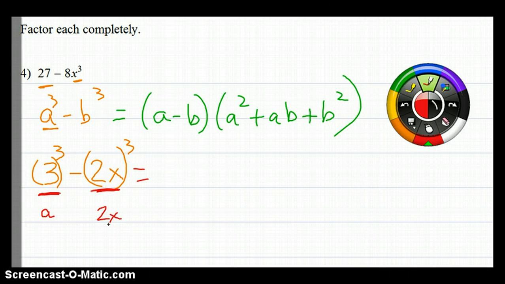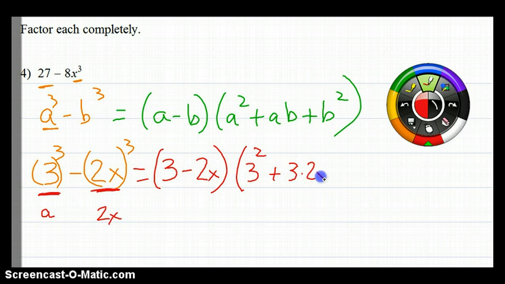So in my formula, those are the numbers that I'll put in. So I'll put in a minus b times a squared plus a times b. And then this time, since b is 2x, we're going to put 2x squared.